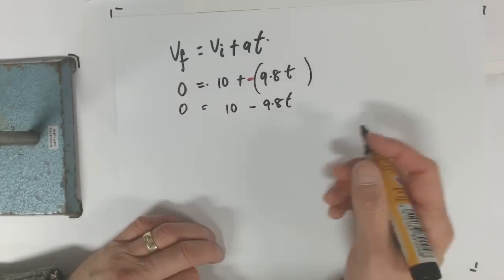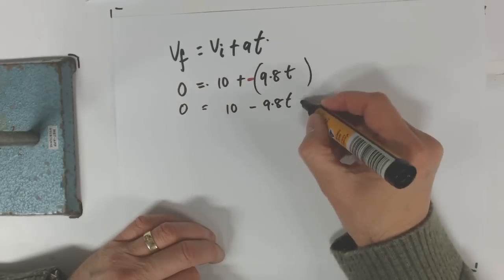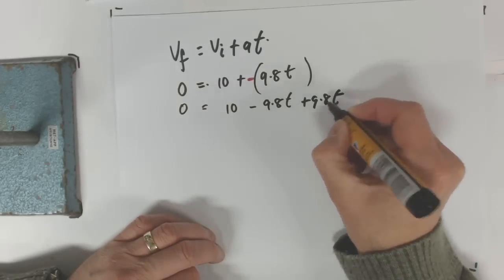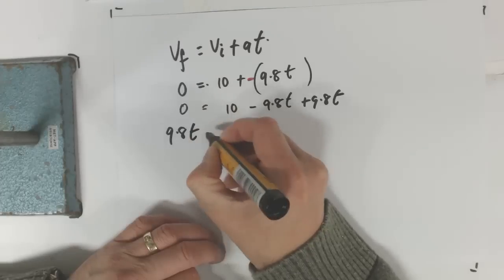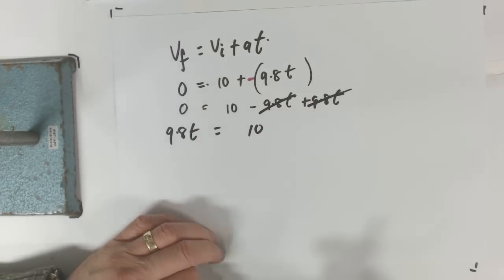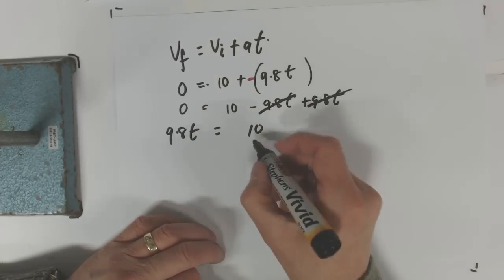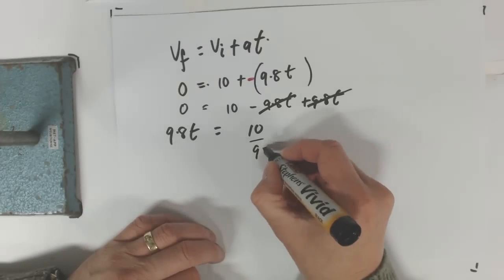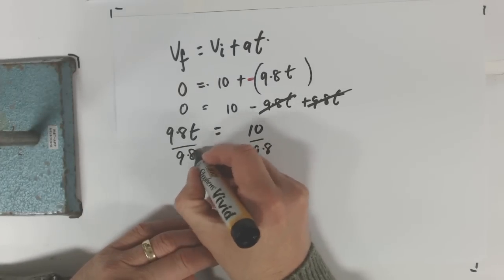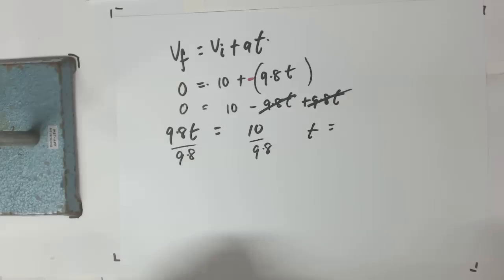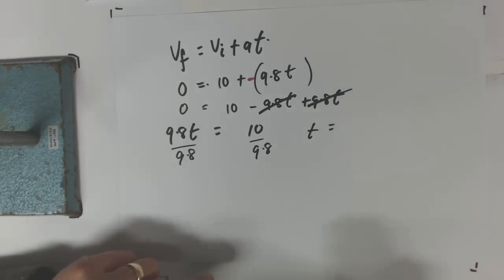So we can solve this. Add 9.8 t to both sides. 9.8 t equals 10. So divide both sides by 9.8. We've got t equals 10 divided by 9.8, which is equal to 1.02.